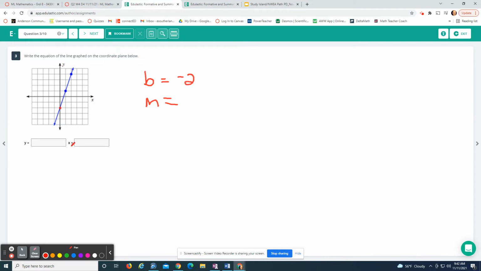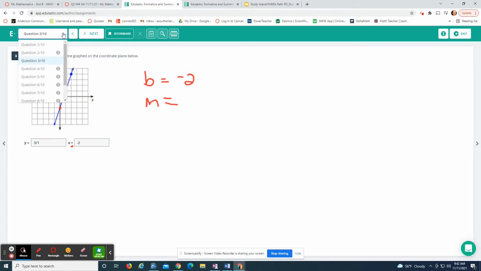Notice how right here it says plus, so that means you have to put negative 2 in this box. Normally you would just do y equals mx minus 2 because it's negative, but because they put a plus sign there, make sure you put the negative sign in there too. The slope of this, it rises 3 and runs 1, so 3 over 1.